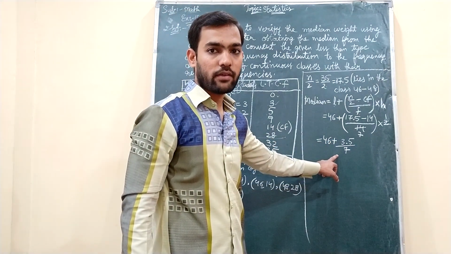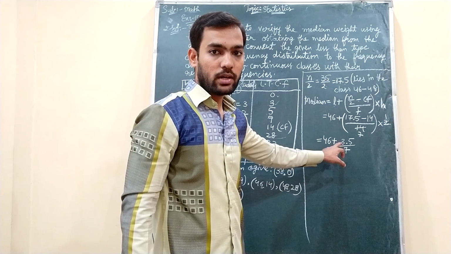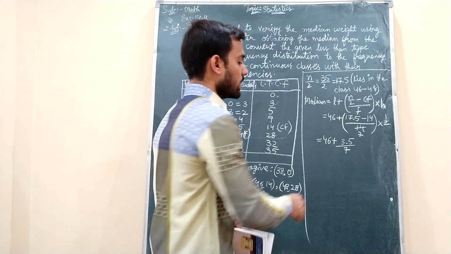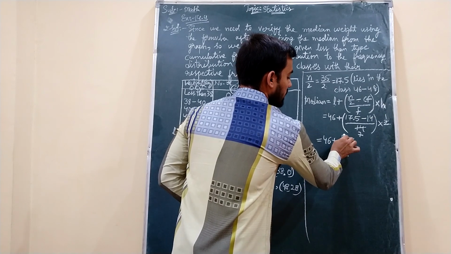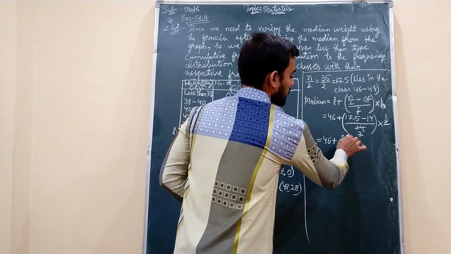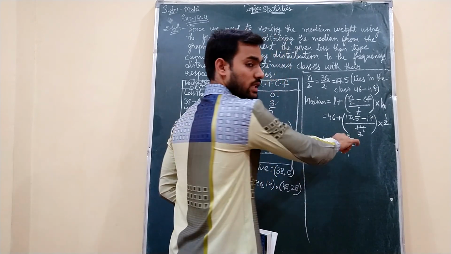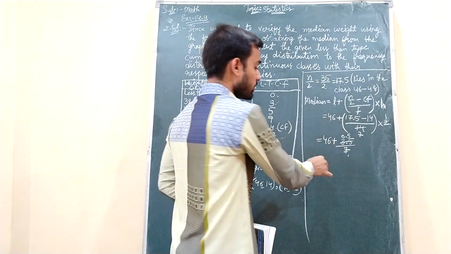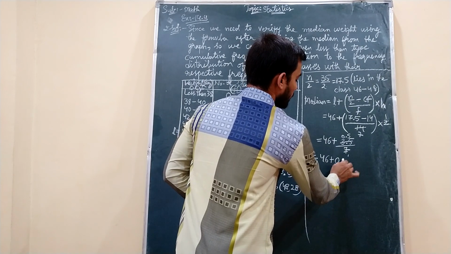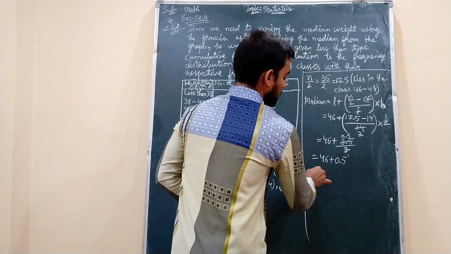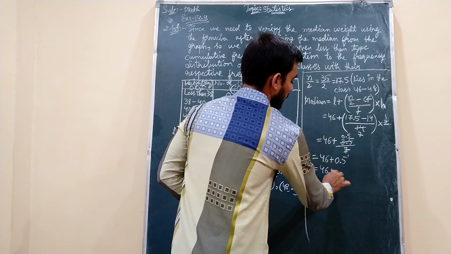If you read the 7 table, 7 5s are 35, right? But you are having 3.5. So that is the reason we can cancel this, as 7 ones are 7. 7 0.5s are 3.5. So we get 46 plus 0.5, which is nothing but 46.5.